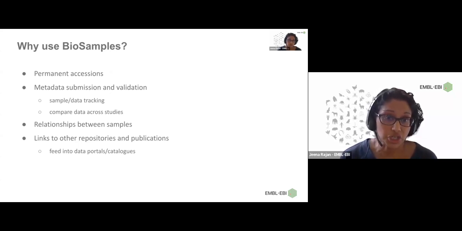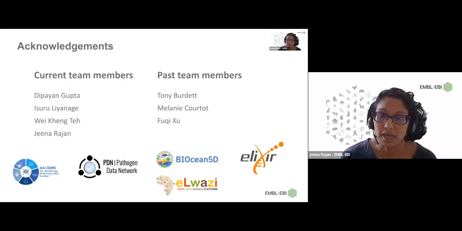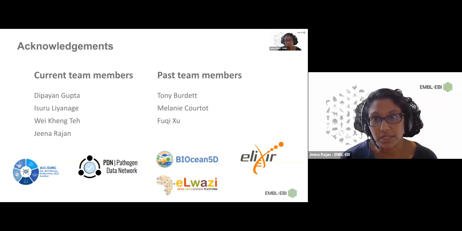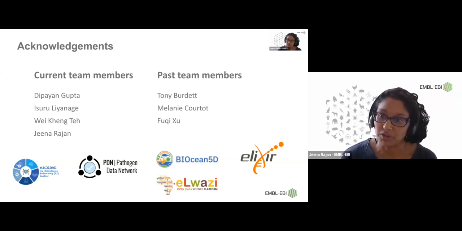BioSamples has this relationships functionality, so you can create these relationships between your samples. It links out to external repositories and also to publications, and it's a good way to feed into data portals and catalogs. And I'm going to end there, and these are our current and past team members and some of our funders that enable a lot of this work. Thank you.